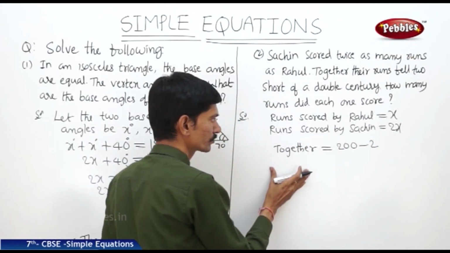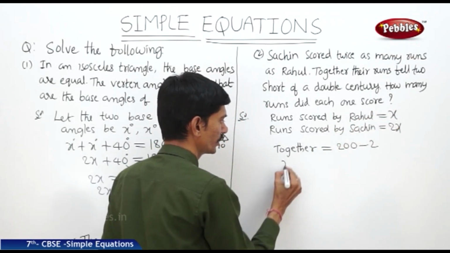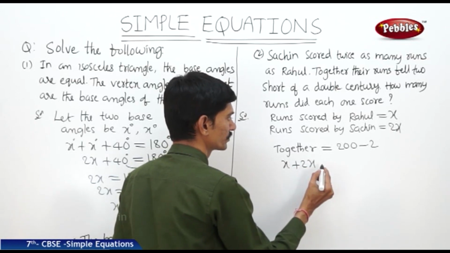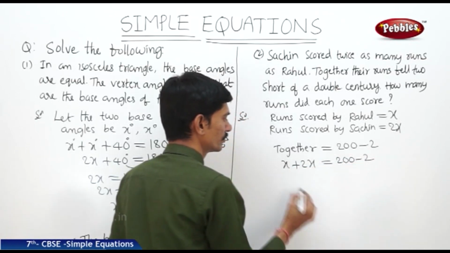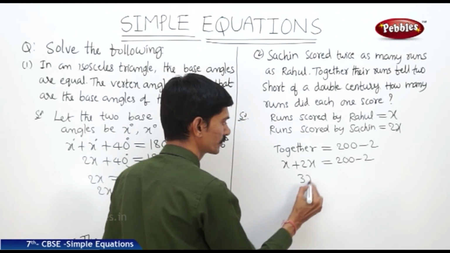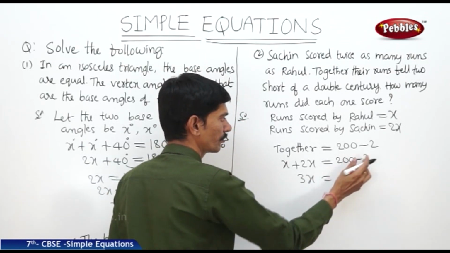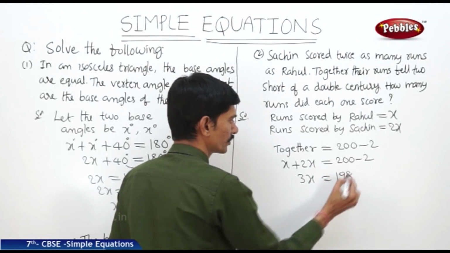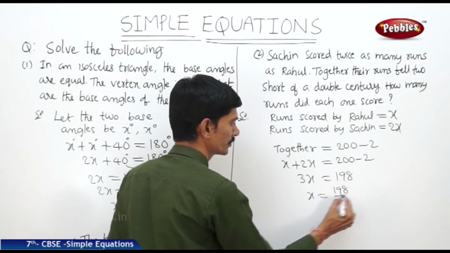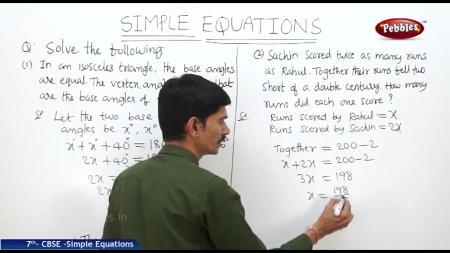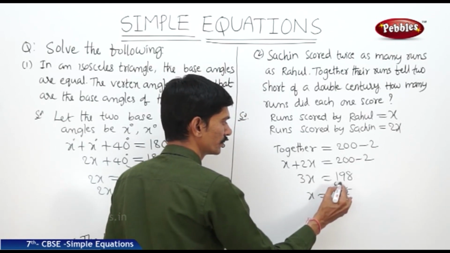So the runs scored together, then we get x plus 2x equals 200 minus 2. So then x plus 2x, 3x equals 200 minus 2 is 198. Then we get x equals 198 divided by 3. So 3 ones are 3 and 3 6s are 18.